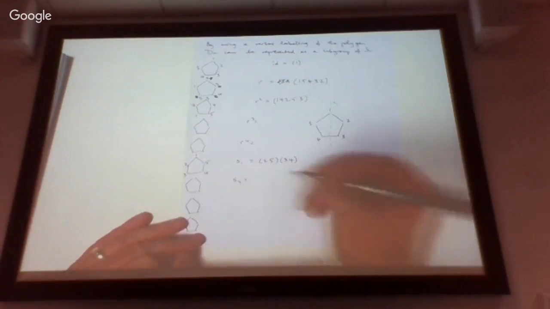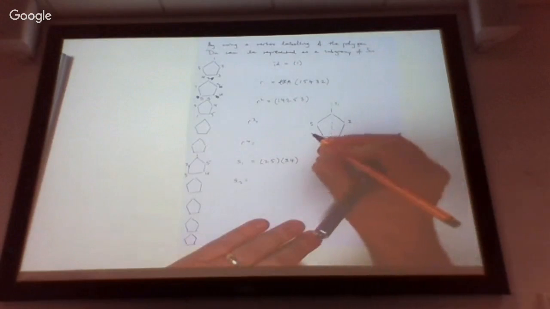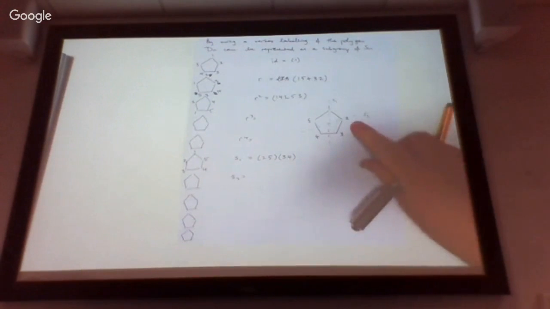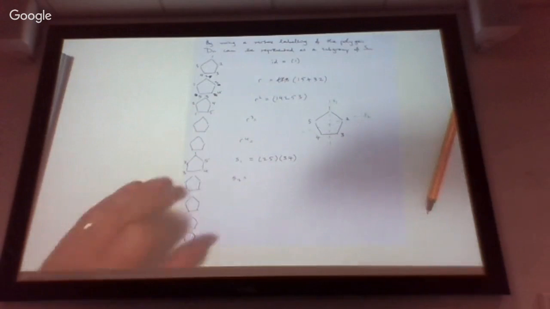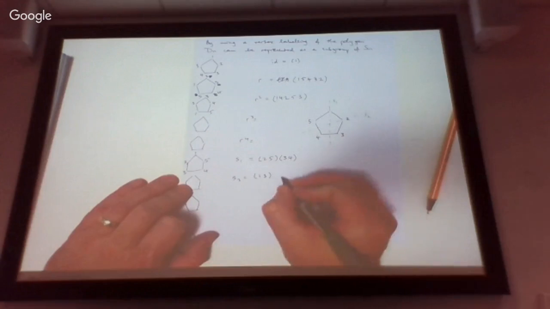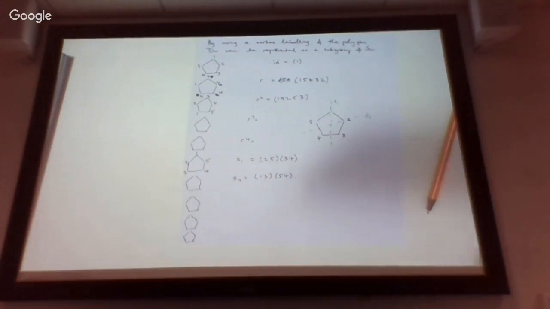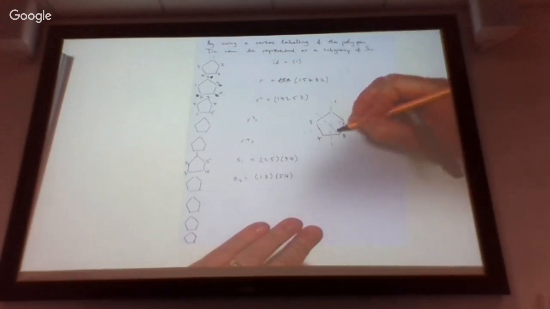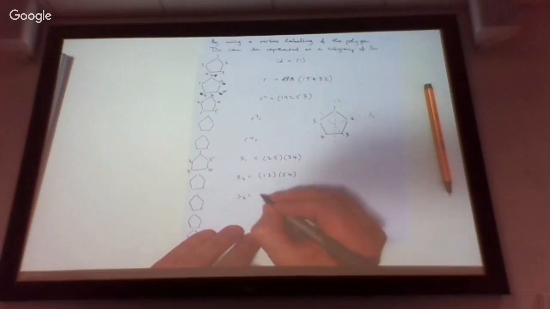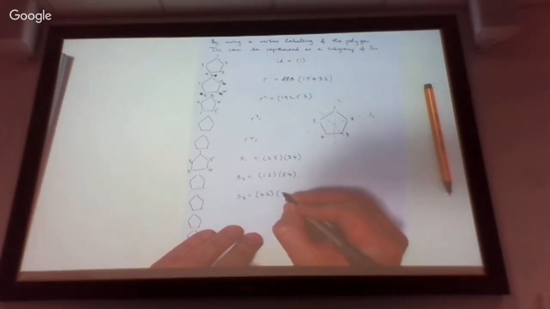If you look at S2, let's say S2 is this one. Reflection of this axis, that leaves 2 fixed, and then it's going to swap the other ones in pairs, so 1 and 3 are going to swap, and 5 and 4 are going to swap. Okay. And S3 leaves 3 fixed, and it swaps positions 4 and 2, and 5 and 1.